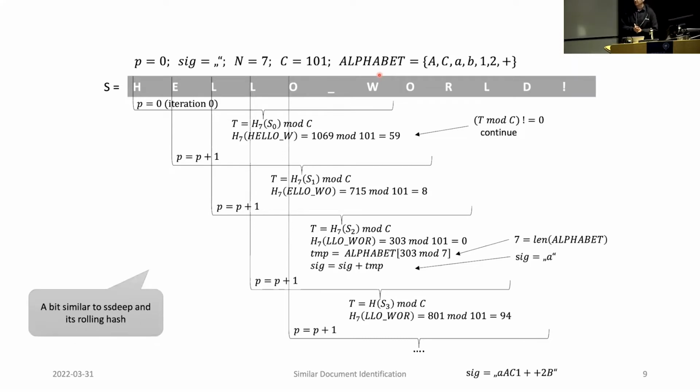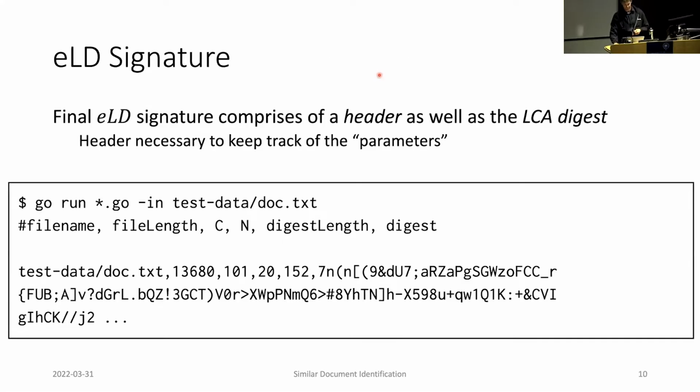For those familiar with ssdeep, this is similar to the rolling hash that ssdeep uses. So we then generate these ELD signatures that are comprised of a header and the actual digest. The header is necessary to keep track of the parameters. Of course, we can only compare signatures that have the same settings.